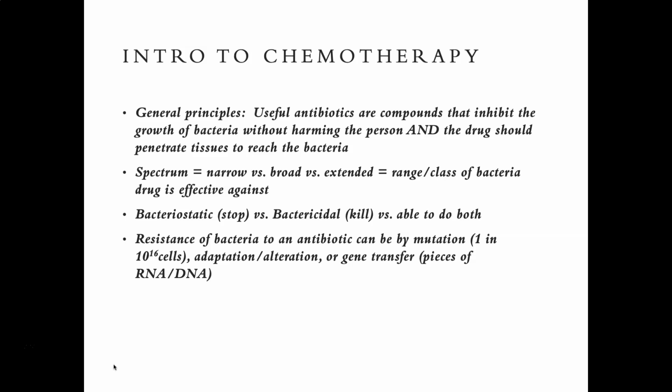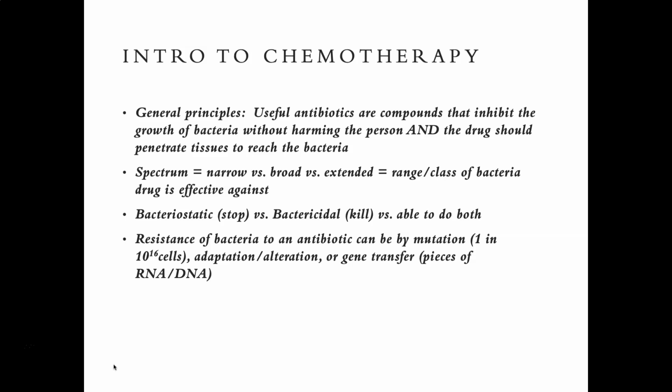Spectrum. There are 3 spectrums: narrow, broad, and extended. This is a range or class of bacteria that the drug is effective against. So for instance, a narrow spectrum drug is only effective against very few bacteria ranges or classes. A broad spectrum drug is effective against many ranges or classes of bacteria.